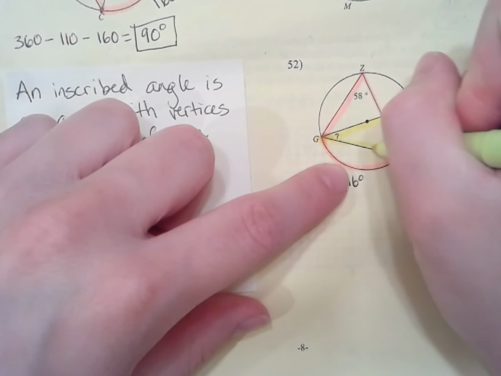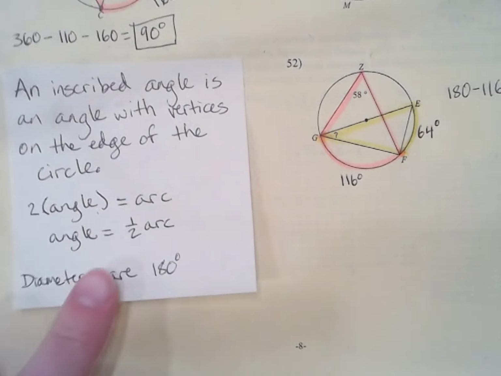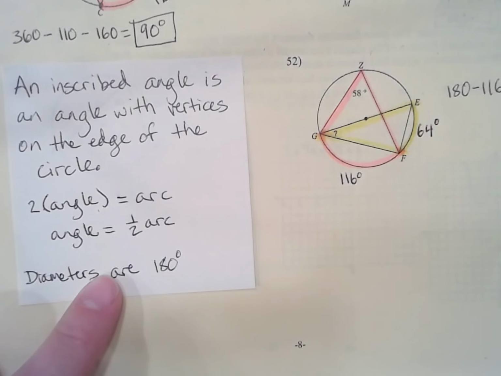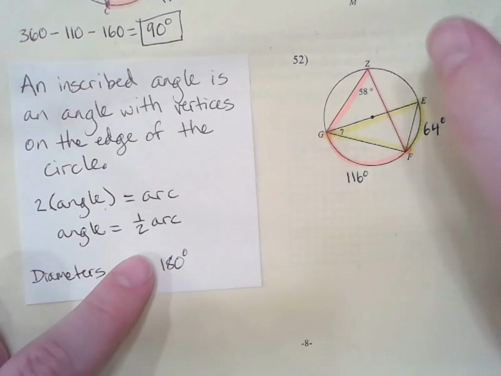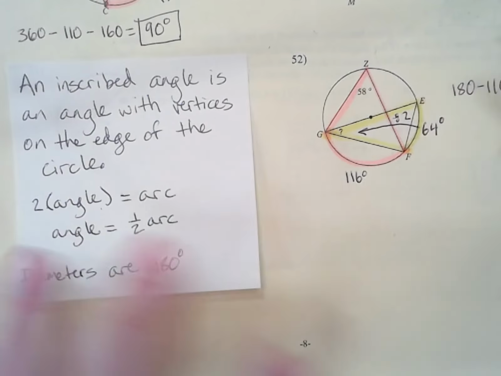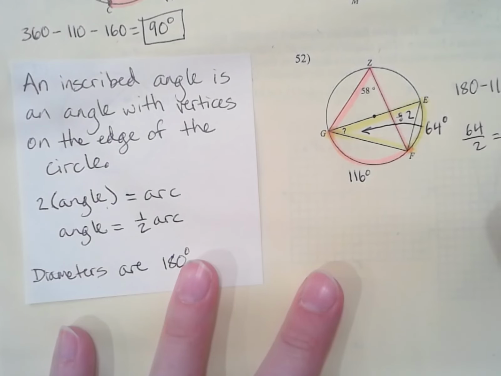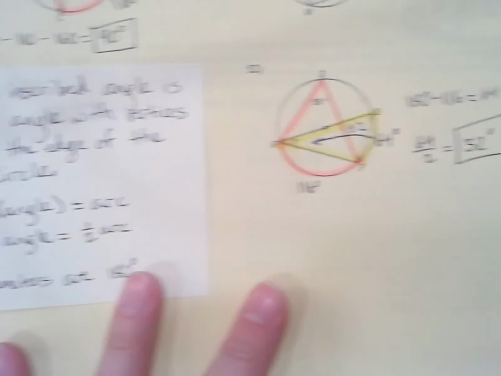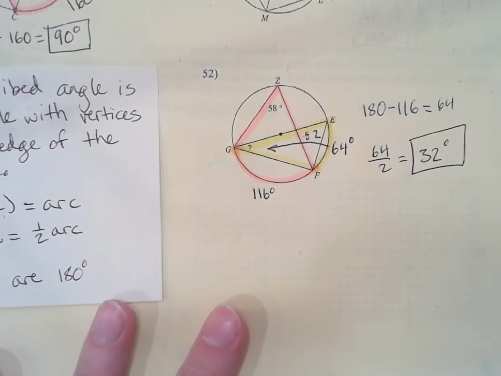Well, here's the side that makes it. Oh, how convenient. And as we see from this property, we also know the angle is half the arc, meaning I'm going to take that 64 and divide it by 2. 64 over 2, that is 32 degrees. Oh, you didn't even see that. 64 over 2, 32 degrees.